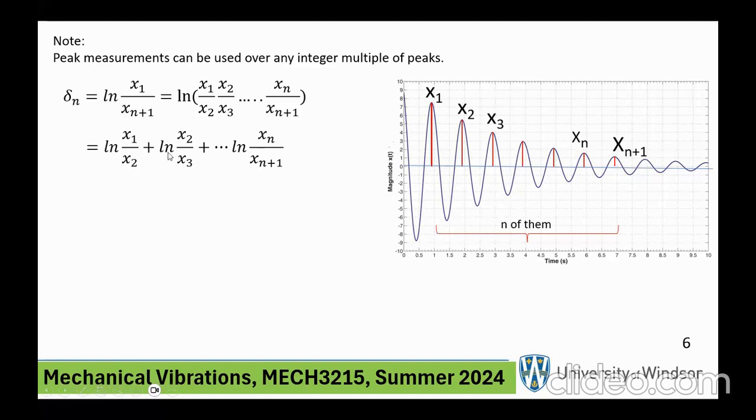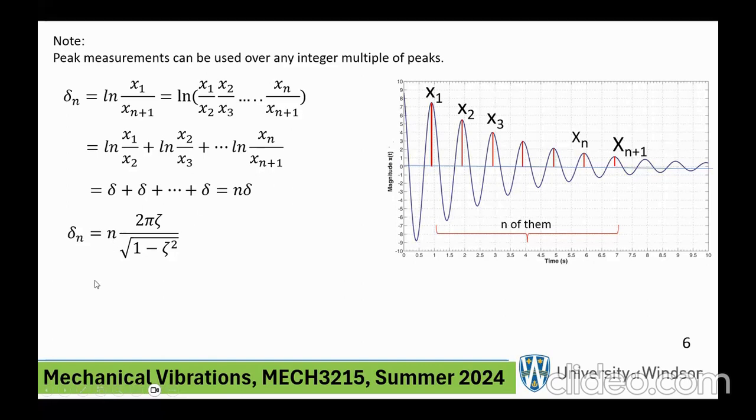Ln of 2 consecutive peaks, 2 and 3, that's delta. So I have n delta here. Delta we already had an expression for from the previous slide. I just plugged it in. Remember, delta was this, and I have an n in front of that.